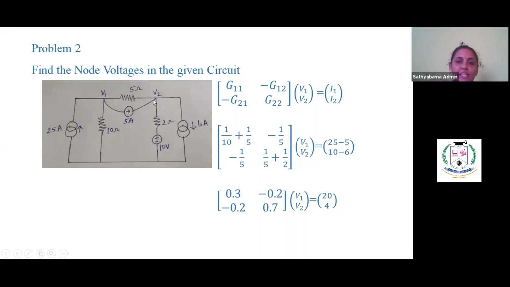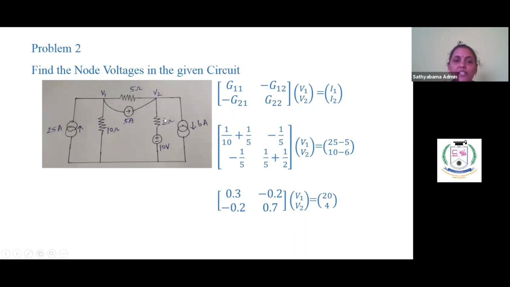Next, check the second node. We have 3 sources connected at the second node: 2 current sources and 1 voltage source. Now 5 amps is flowing towards the node, and 6 amps is flowing outwards from the node. Here, this is 10 volts and 2 ohms.